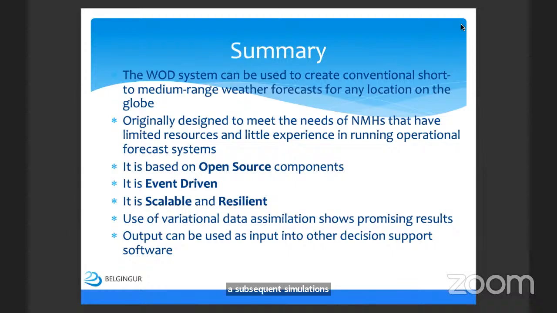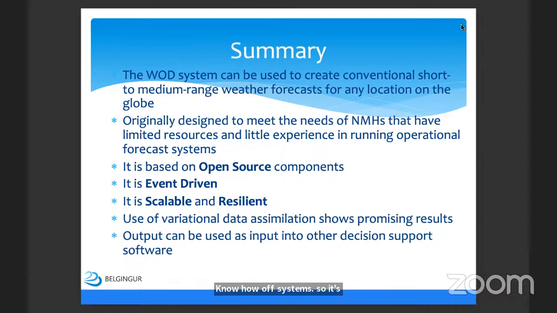This was originally designed to meet the needs of national meteorological hydrological services that did not have much resources and maybe limited experience in running operational forecasting systems. So this has always been the idea that this could be set up elsewhere and run with minimum know-how of atmospheric modeling and hardware systems.